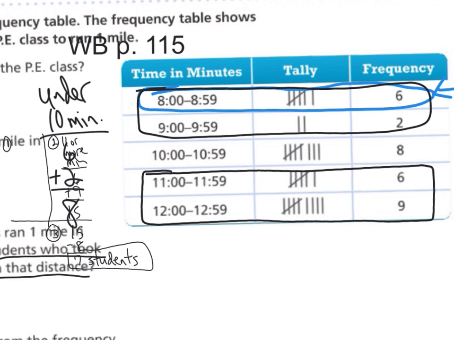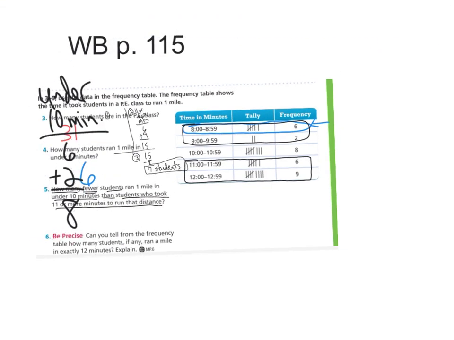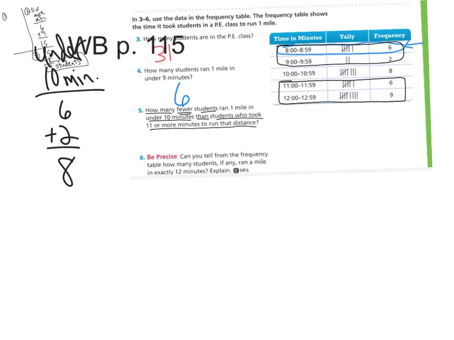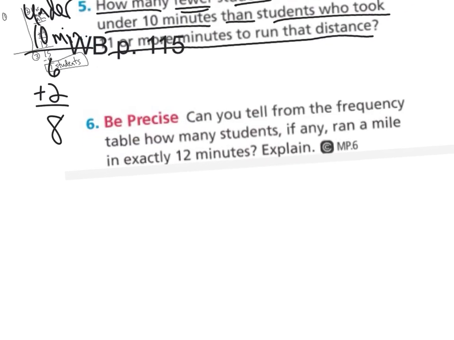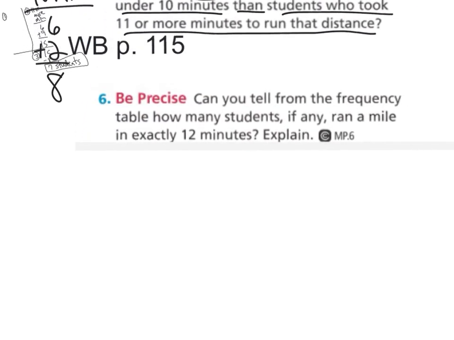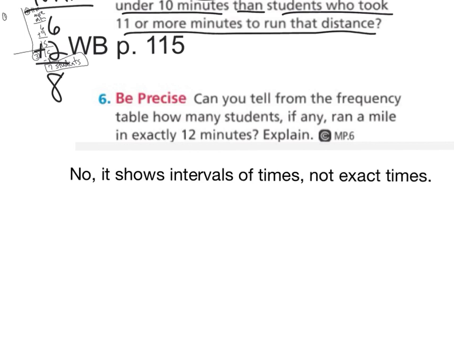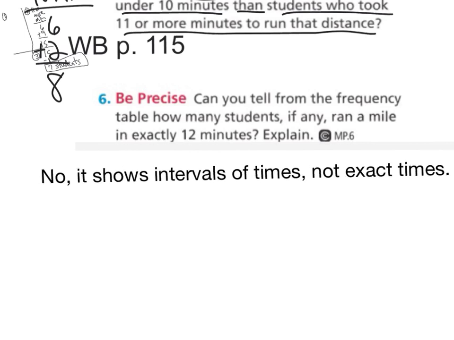And the answer is we know that 9 people ran between 12 minutes and 12 minutes and 59 seconds, but we can't tell exactly in exactly 12 minutes. So we could say something like, no, the frequency table shows intervals of times, not exact times. Okay, so we know an interval, or a range of, 12 to 12:59, but we don't know exactly what their times were.